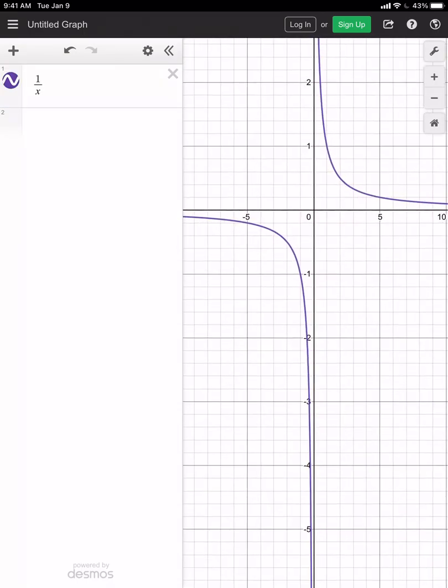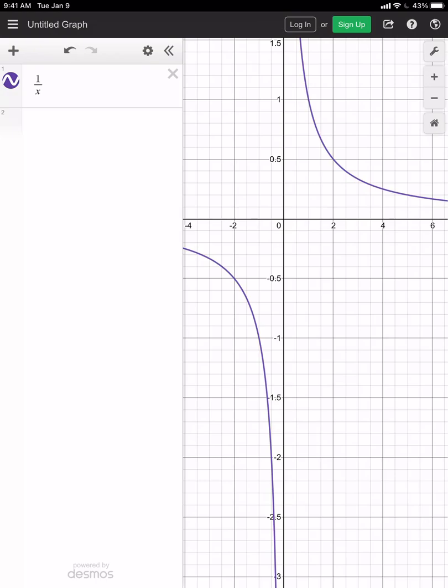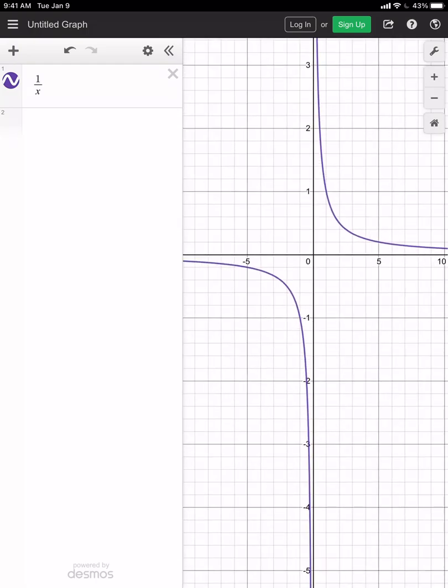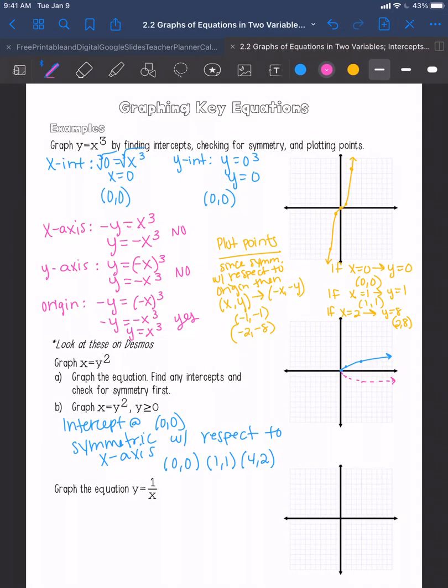And there is symmetry, and it's across the origin. So you should see, like here, this point here, the point 2, 1/2. There's also the point -2, -1/2. So both the x and the y became negative. So that shows our symmetry with respect to the origin.